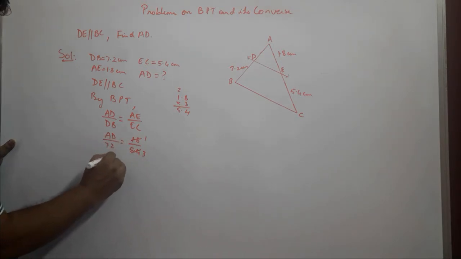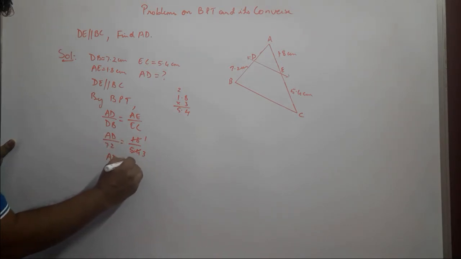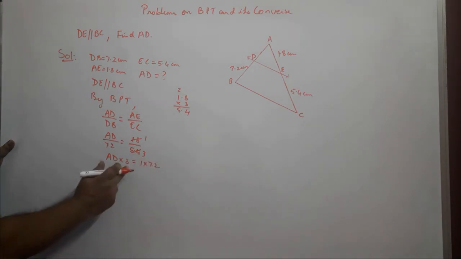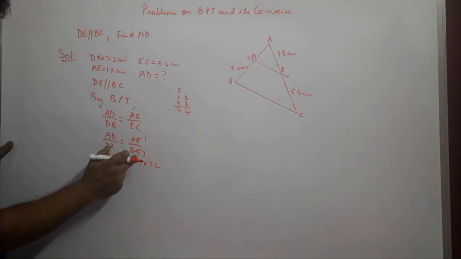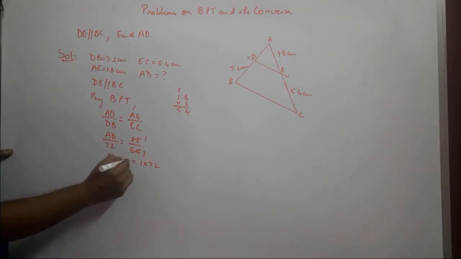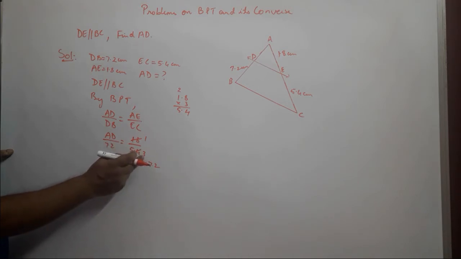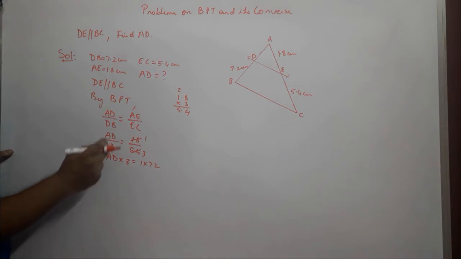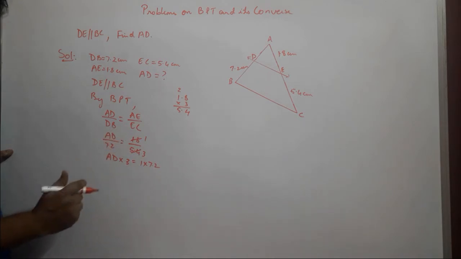Now we cross multiply. So we get AD into 3 equal to 1 into 7.2. Actually over here there is no need to cross multiply. This is just to show you how it gets cross multiplied. Otherwise you can leave 3 where it is and just multiply 7.2 into 1 over here, leaving AD on the left hand side.